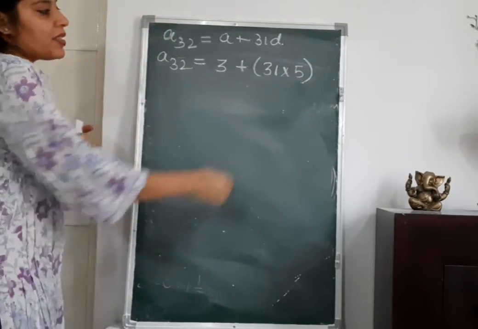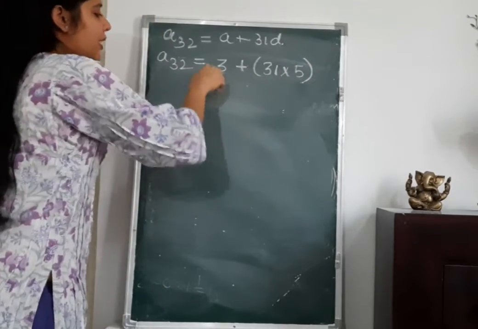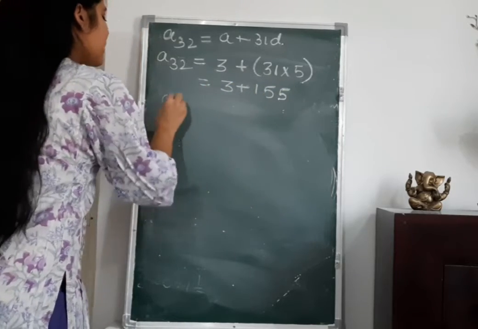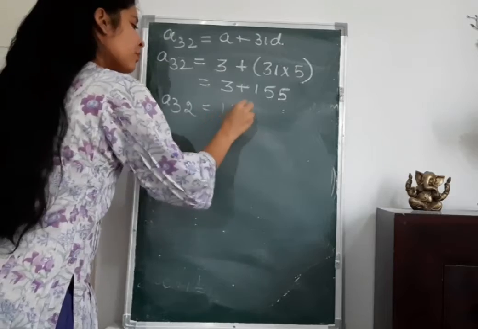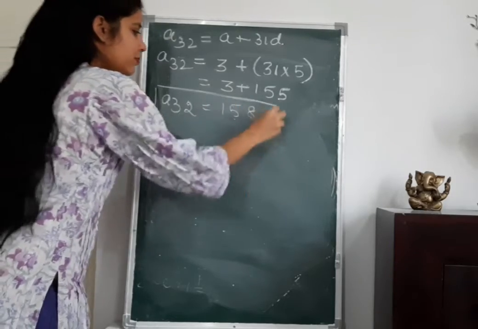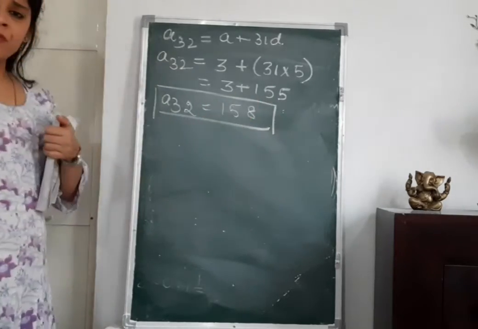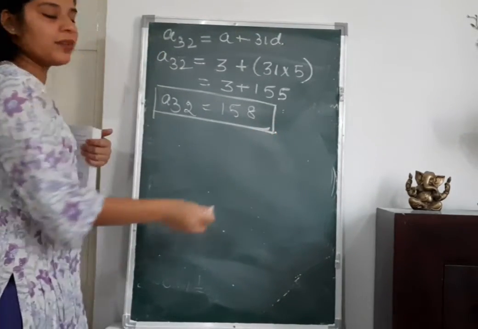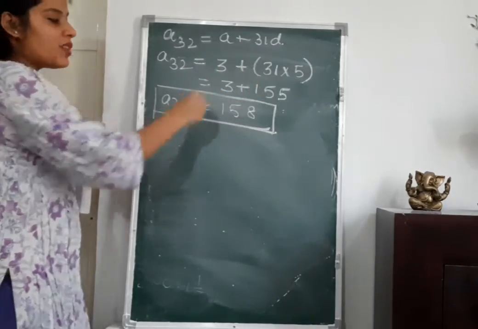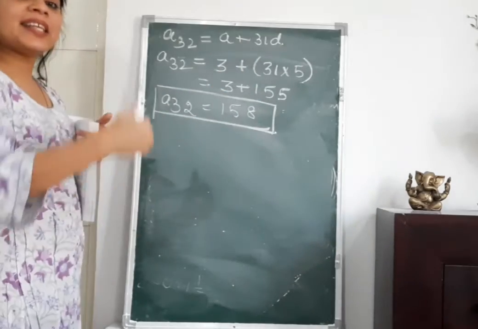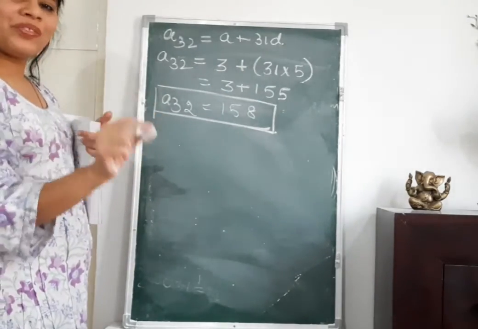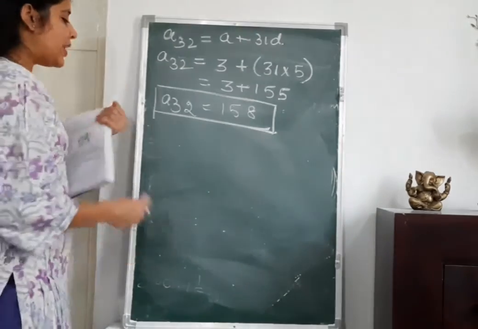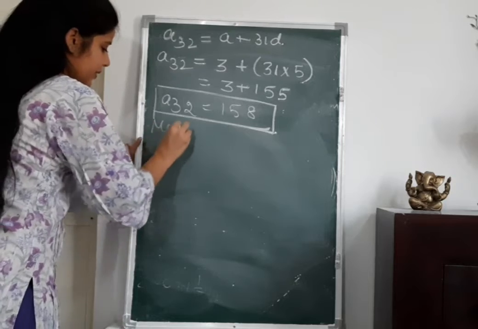And 31 into 5 is 5 fives are 25... that is 155. So 3 plus 155 gives me a_32 as 158. Okay, so the 20th last term of this series will be the 32nd term of this series, which is 158. Another method which we can use to find out the 20th last term of this series.